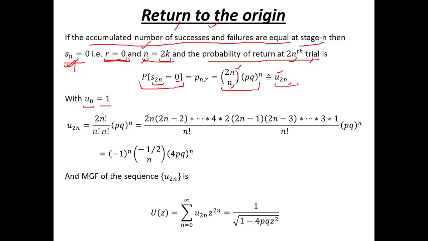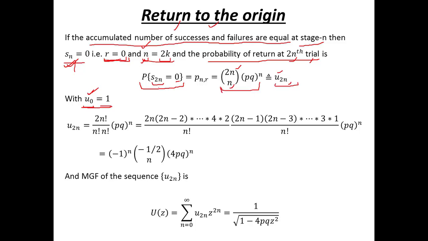So u0 represents the probability that before the first trial the particle is at the origin, that is r equals 0 or not. Definitely it will be there, so u0 equals 1.